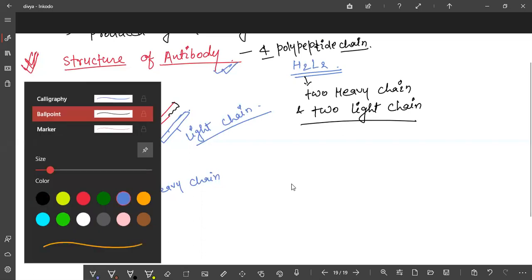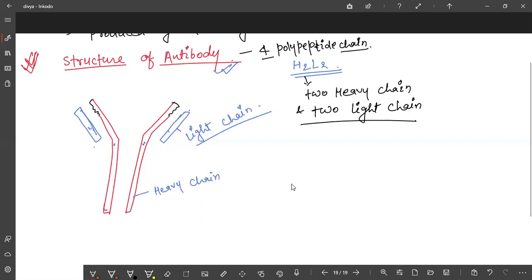So you see here, this is disulfide linkage. Here also it will be disulfide linkage. And this is also disulfide linkage. Same we can construct here, disulfide linkage, disulfide linkage.